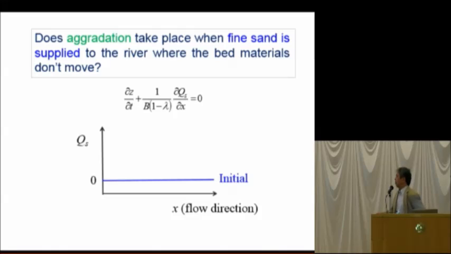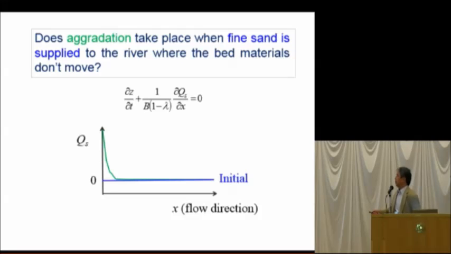This is the flow direction, and this is sediment discharge. Initially, the bed material doesn't move. That means initially sediment discharge is 0. Okay? And then we supply fine sediment here. So sediment discharge increases from the upstream side, like this.